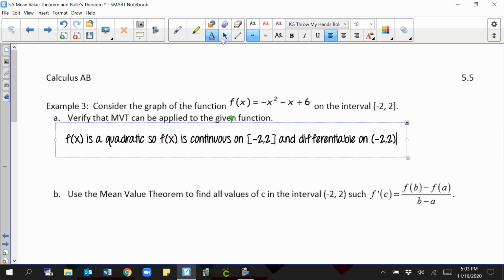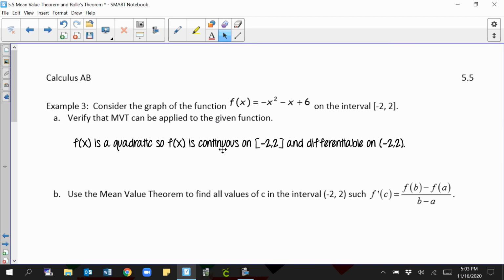So that should always be your first statement when you are doing a mean value theorem. We have to say that it is continuous on our closed interval and differentiable on our open interval. So we're going to use the mean value theorem to find all values of c on the intervals such that f prime of c is equal to f of b minus f of a over b minus a.